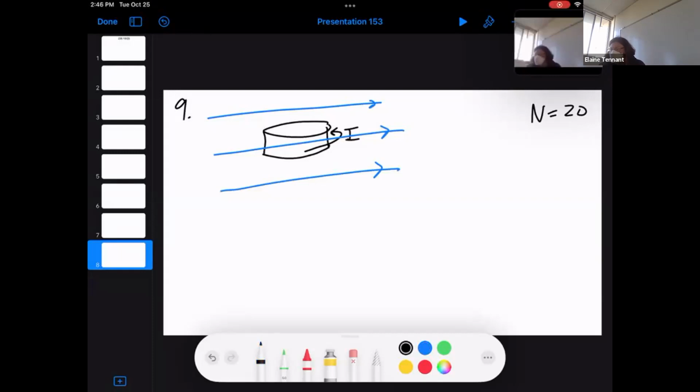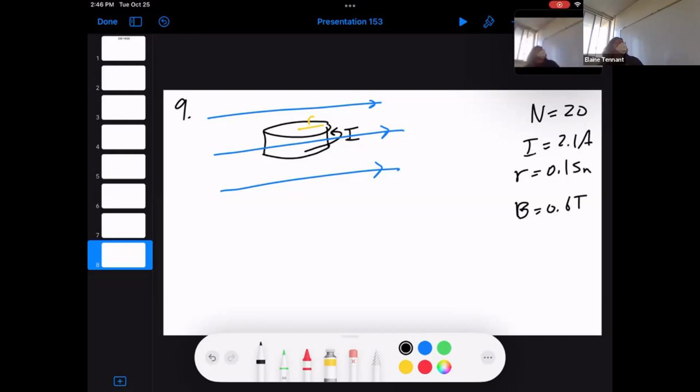They tell us the current, the radius of this coil, and that the magnetic field is 0.6 Tesla. We're going to figure out things about this.